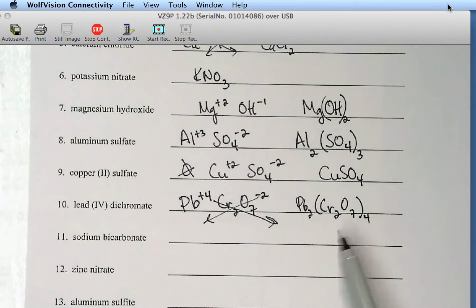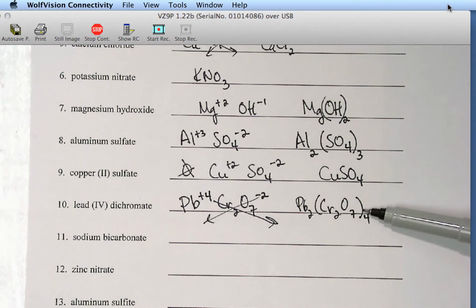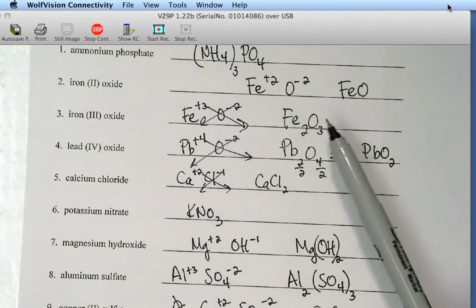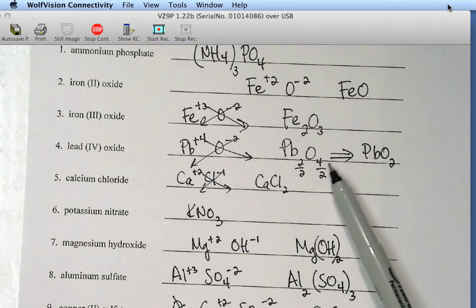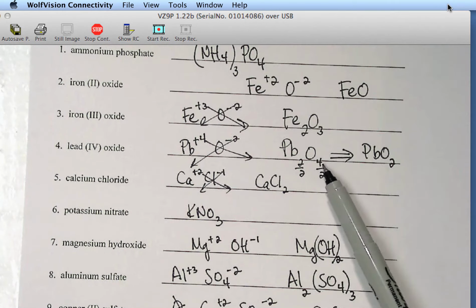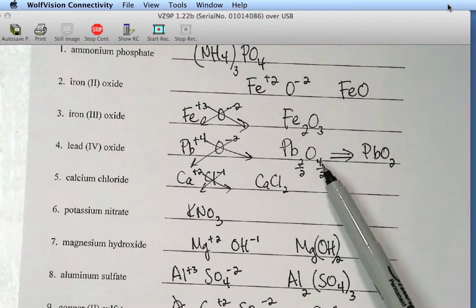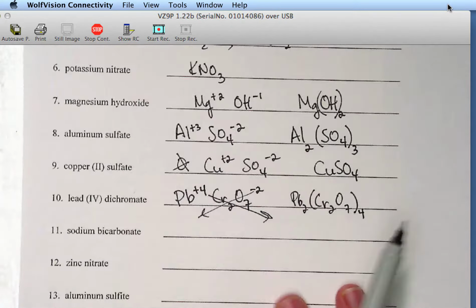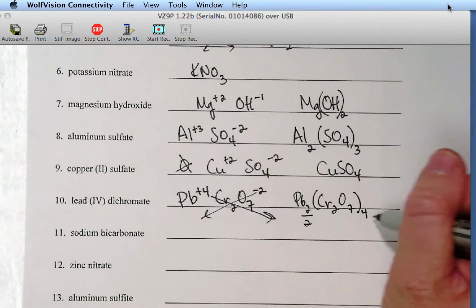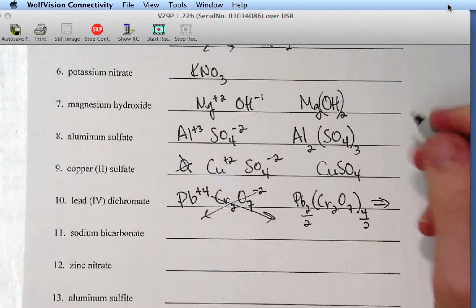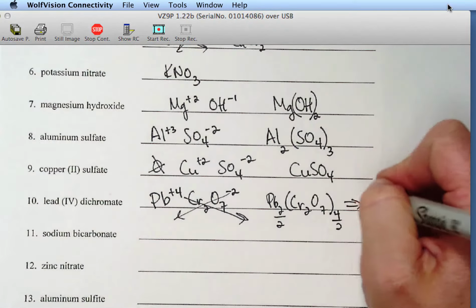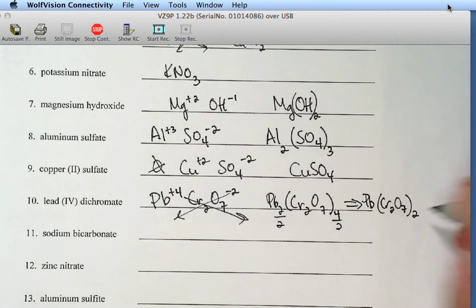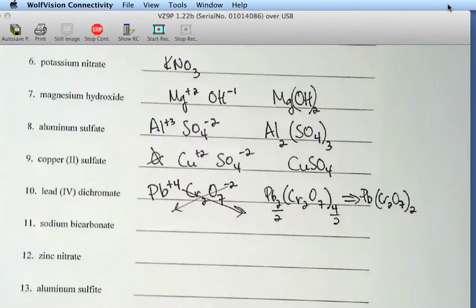And notice how this formula looks very similar to number 4, lead 4 oxide. So you kind of get in the habit of recognizing these, and then simplifying them is not as difficult. So you end up with Pb Cr2O7 2.